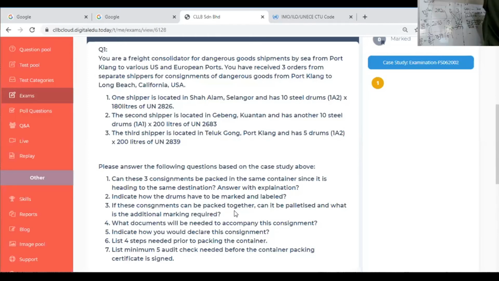That is if the flash point of this cargo 2826 is below 60 degrees Celsius. Then this cargo cannot be, let me look at it. I gotta look at it.